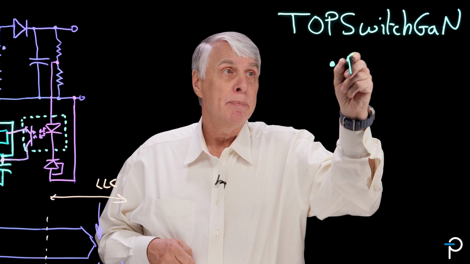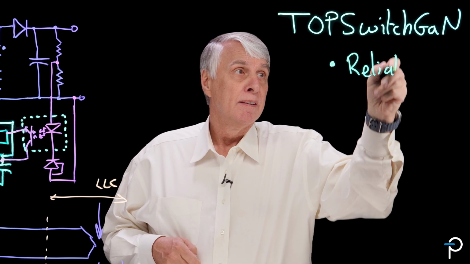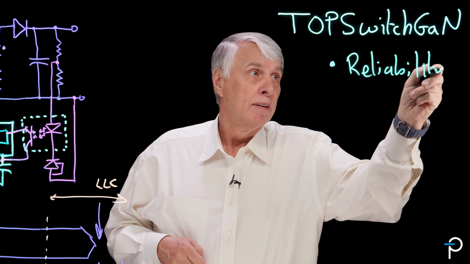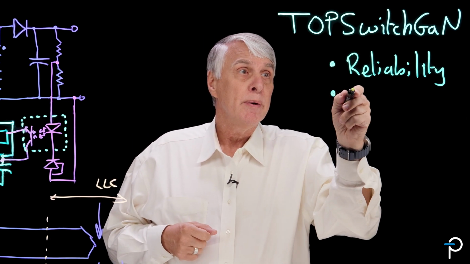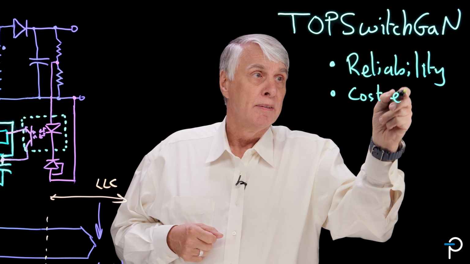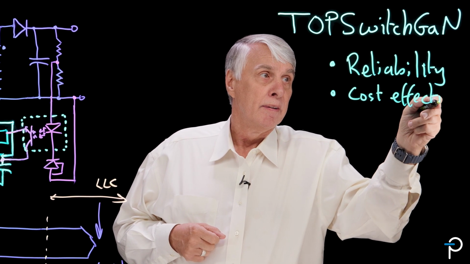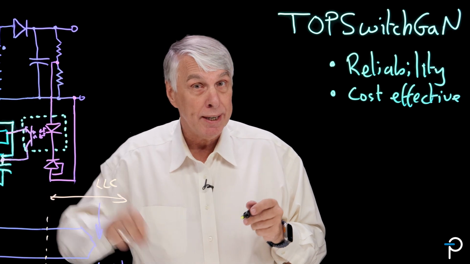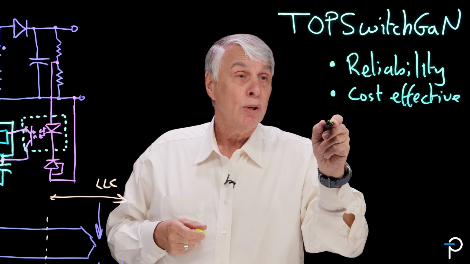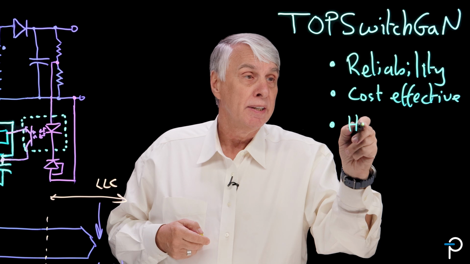We have reliability because of the simplicity of the circuit. It's very cost effective. Because we're using simple diode rectification and simple feedback techniques, the circuit also provides high efficiency.